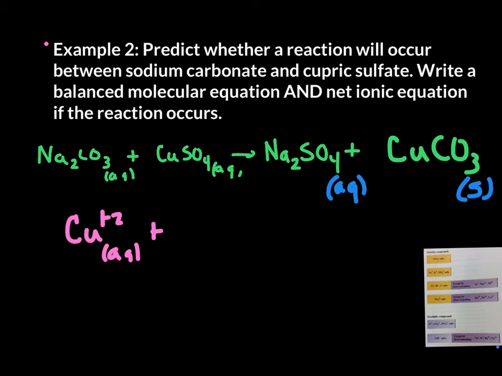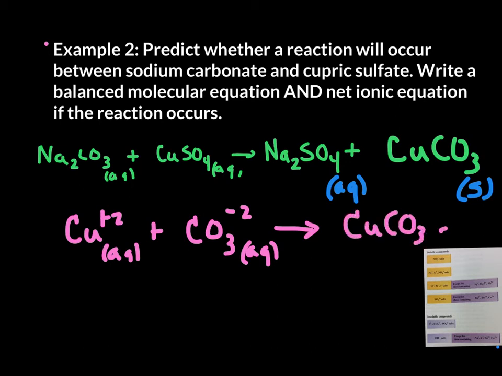And our carbonate ion is also aqueous, and they came together to form cupric carbonate precipitate. When we look at balancing, we only needed one of each ion to make the compound to balance out the charges, and on the reactant side the -2 and the +2 cancel out, so we're neutral overall here on the reactant side, and our compound is also neutral on the product side.